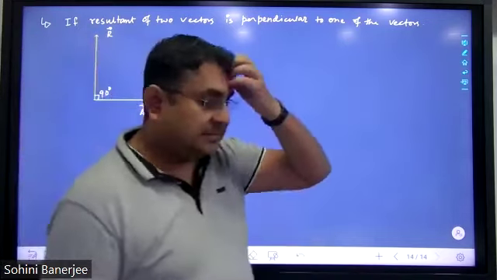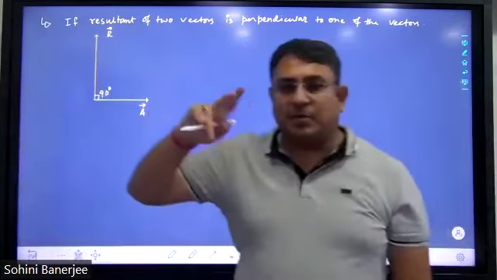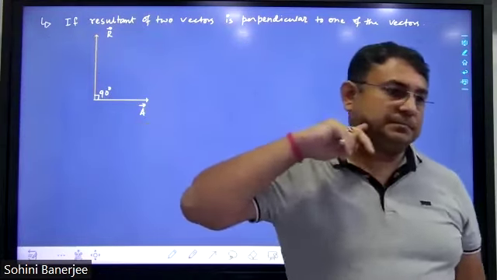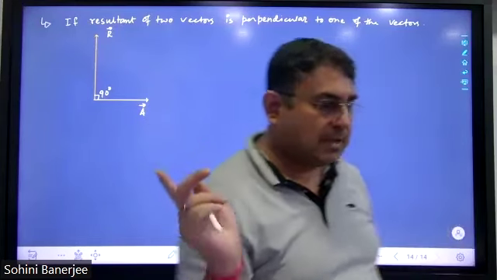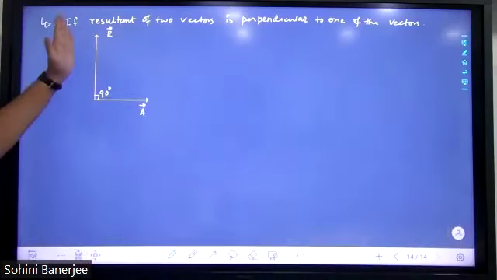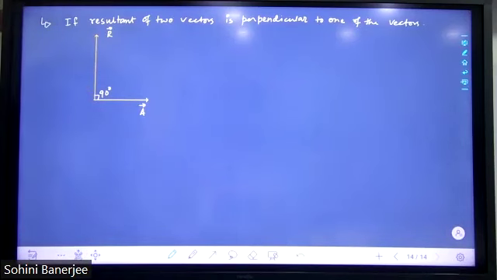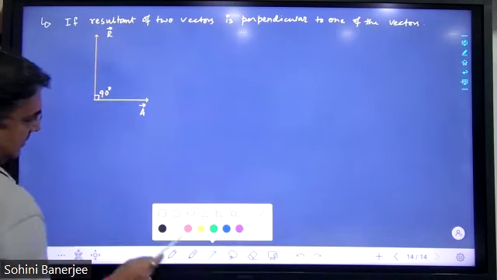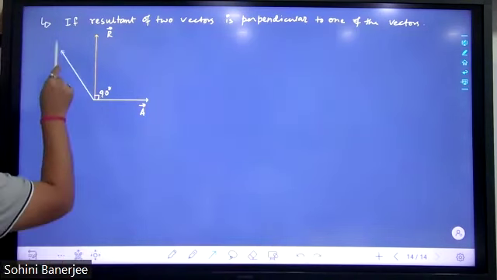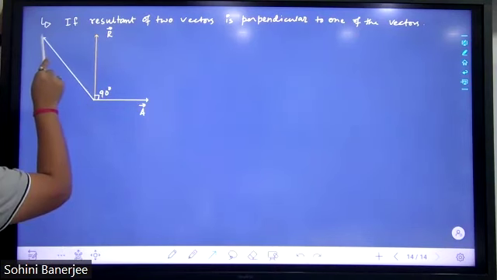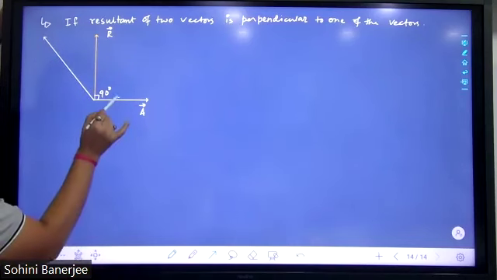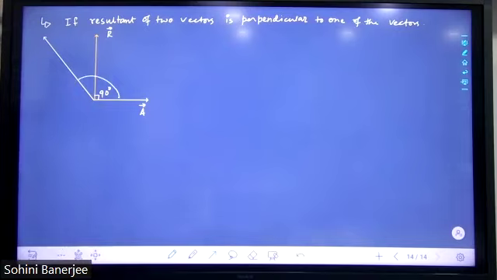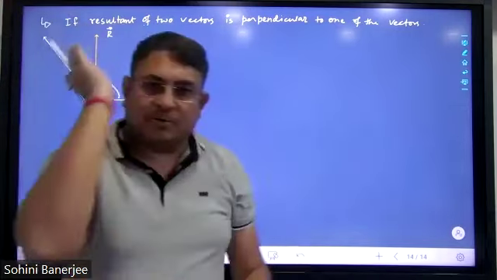So the first thing that is very clear: the angle between the two vectors must be obtuse. The resultant will always lie inside. So if A is this way and B is this way, is it possible? But B must be on the other side. Isn't it? The angle between the vectors must be obtuse. The resultant will be somewhere between the two vectors.